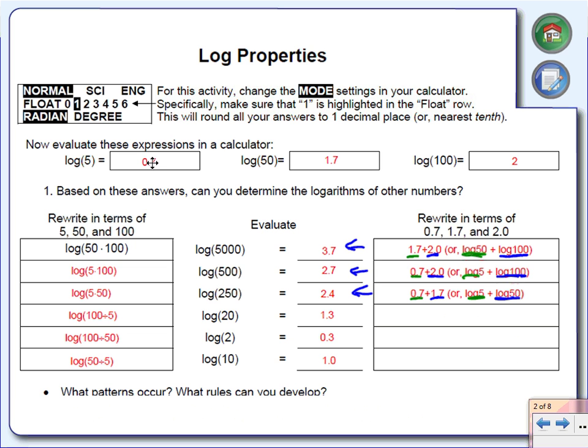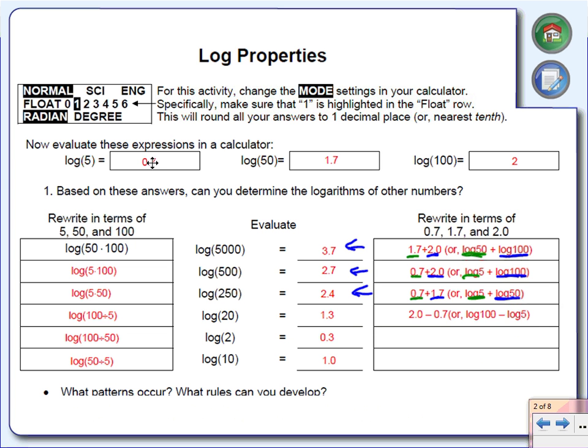It's a little different on the next one. Here we have log of 20. And we said to get that 20, we had to divide two numbers. The two numbers we were dividing are 100 and the 5. 100 divided by 5 is 20. So it's a little bit different. This time it's subtraction. So now we've got log of 100 minus the log of 5.